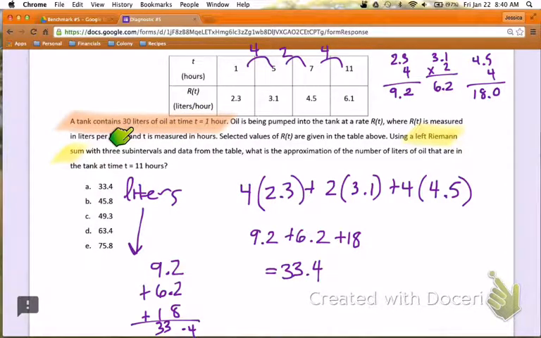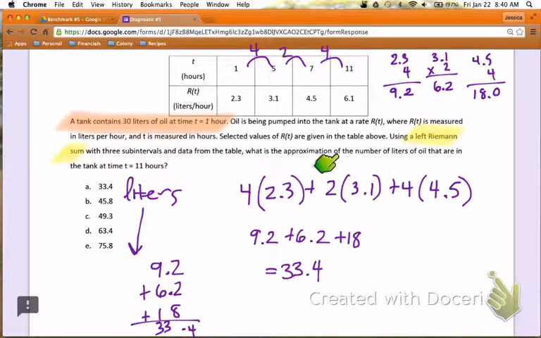Then, over the next 10 hours from 1 all the way to 11, okay, so from 1 hour to 11 hours, it accumulates this much more oil in the tank. So this is how much oil in the tank accumulated or was added to the tank from 1 hour to 11 hours. Okay, but they don't want to know that. They don't want to know how much oil has accumulated between those two times.